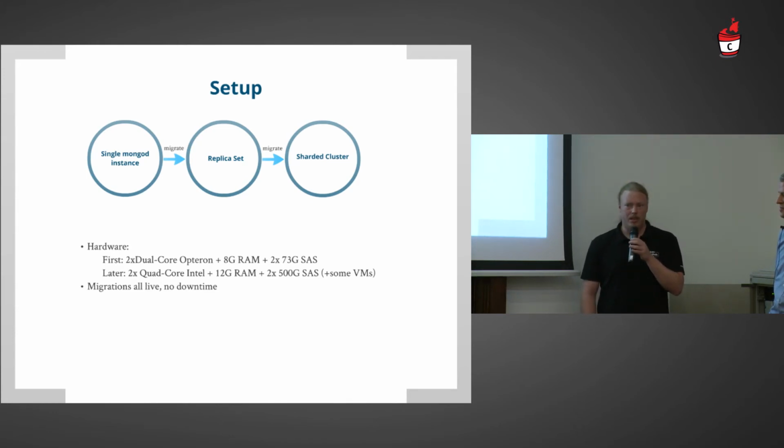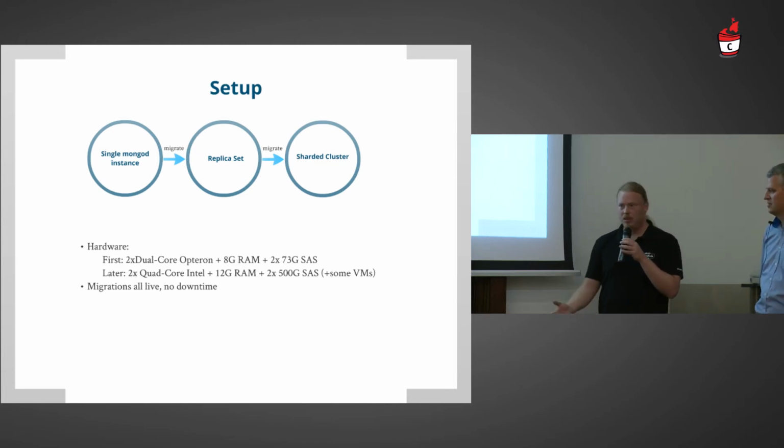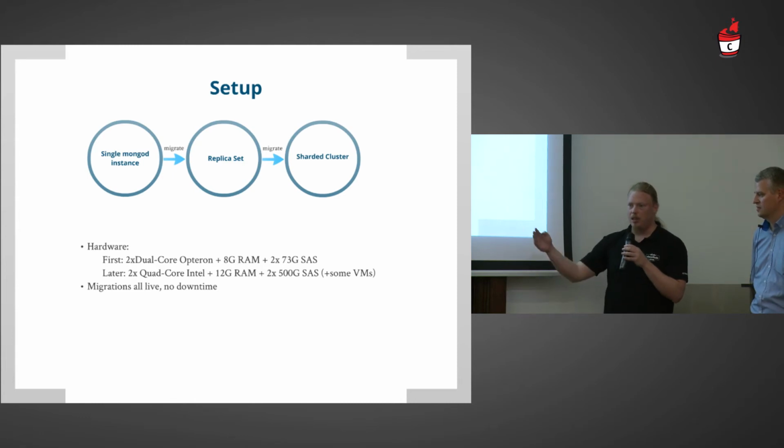We didn't need any downtime for this. And in part, at least, you can almost do this backwards also if you need to. You need a little bit of time for it because the steps take a little longer, but it's pretty nice to be able to scale up without any downtime.